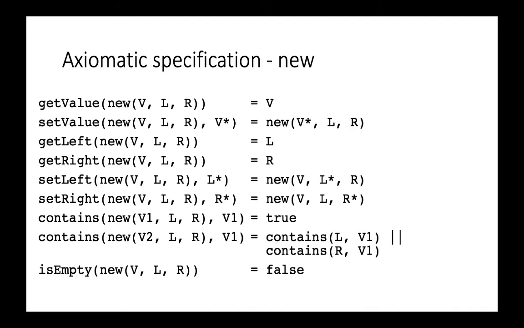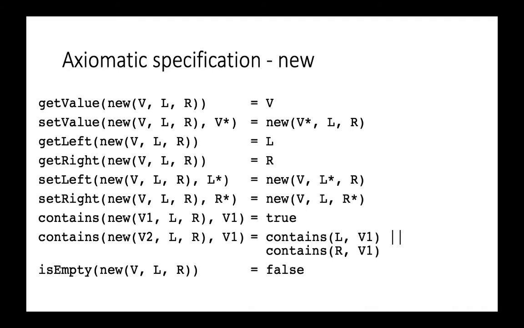We can't do that as exactly if we had an undefined construction for null. If we had to worry about the leaf, getting to the bottom and then calling contains on something that doesn't exist, then it becomes a lot harder to provide this axiom. But this works nicely because when we get to the bottom, we're going to get to an empty tree.